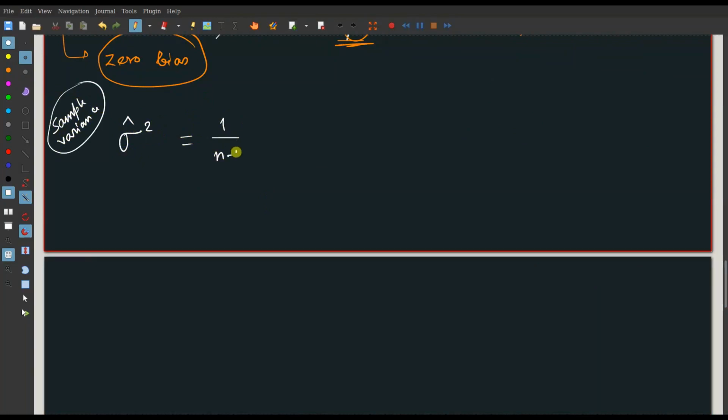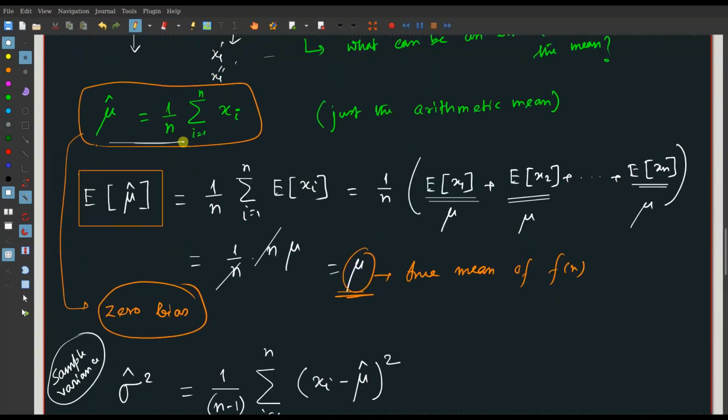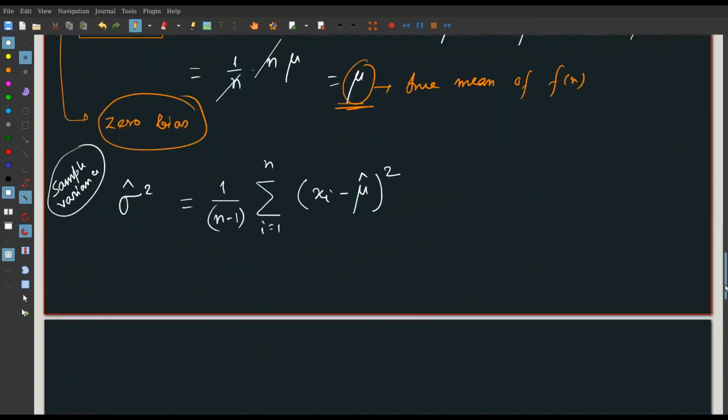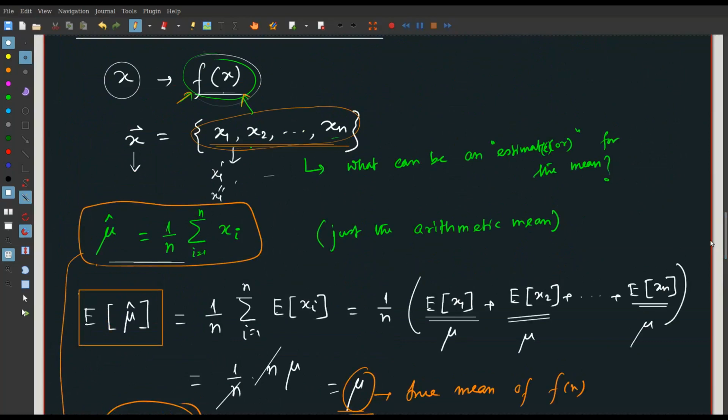Okay, so you estimate it as 1 by n minus 1, summation over i equals 1 to n, of xi minus the estimator of mean, whole square. So this mu hat is given by this again. The true value is not known, right? This true value mu is not known because the distribution itself is not known.